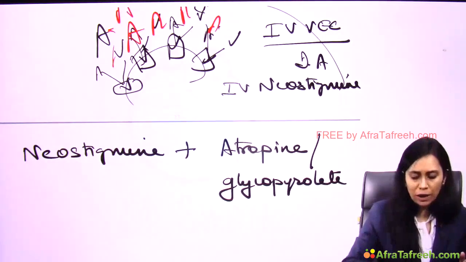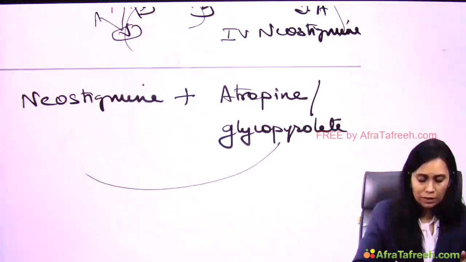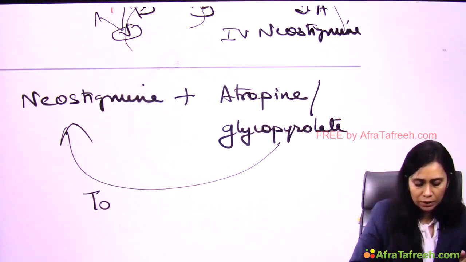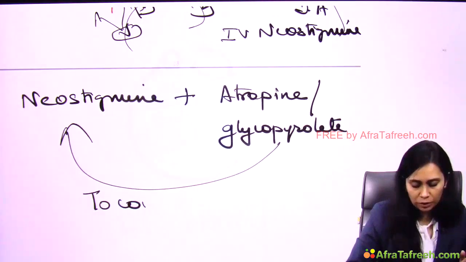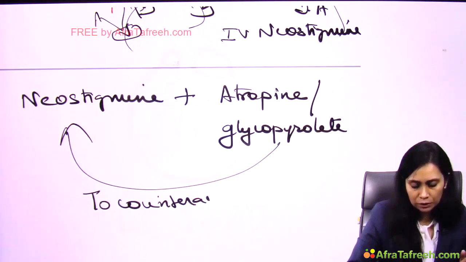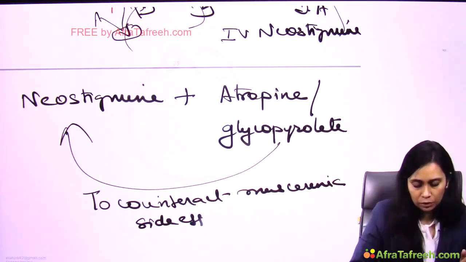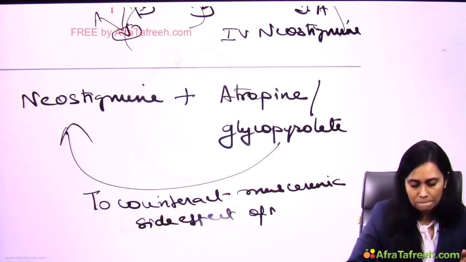Why is this atropine or glycopyrrolate added? This is added to counteract the muscarinic side effect of neostigmine, right?